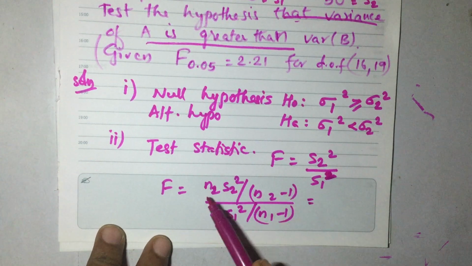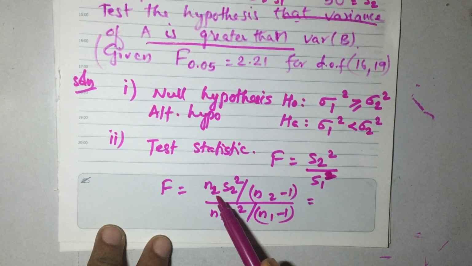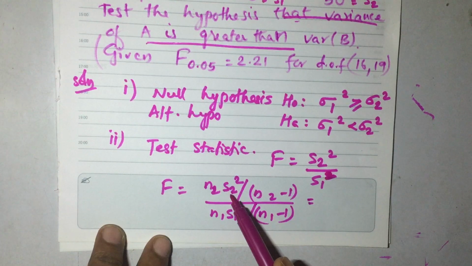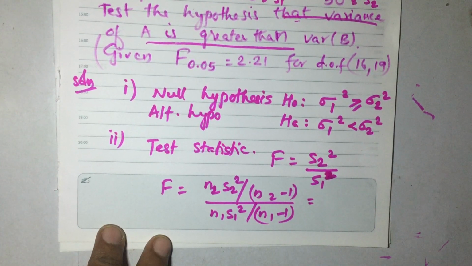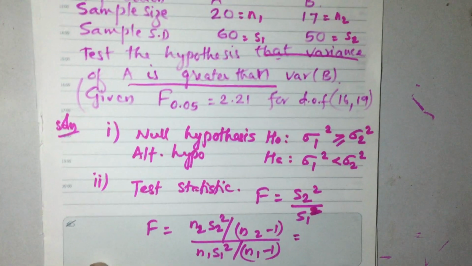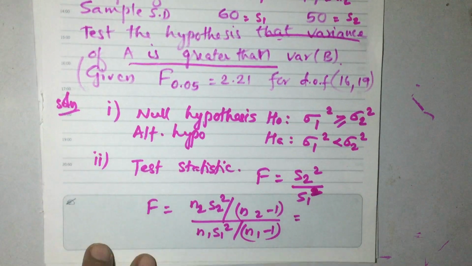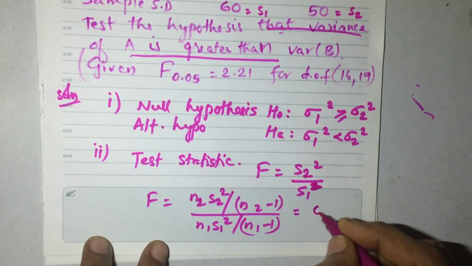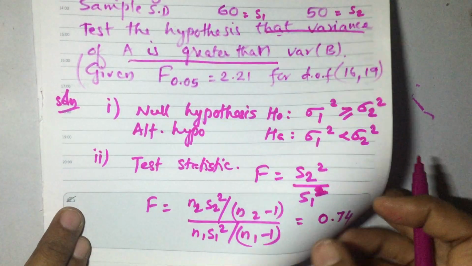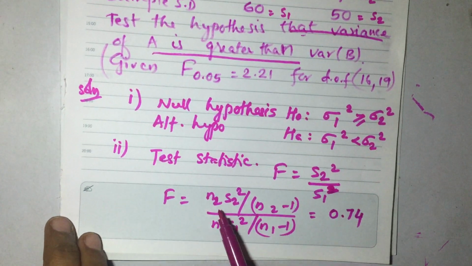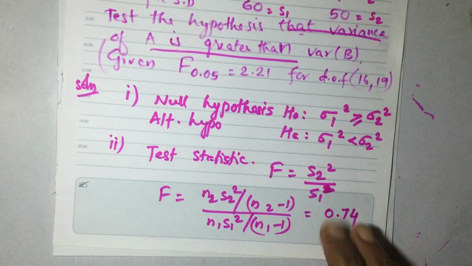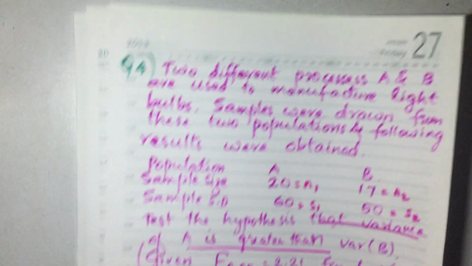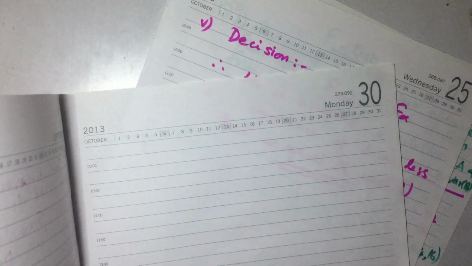Substitute the values here: n2 means 17 into 50 square by n2 minus 1. So 0.74 is the calculated value. Okay, so when you substitute all this, you will get this value as 0.74. Now the level of significance.